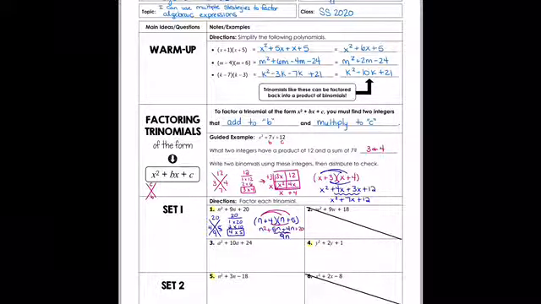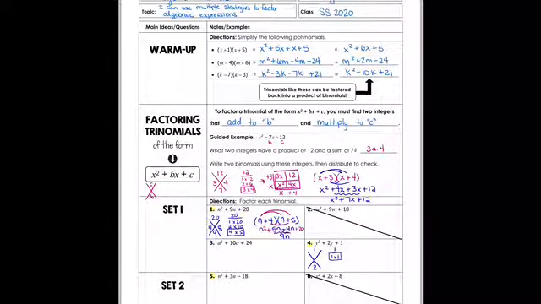All right, let's take a look at example number 4. Okay, go ahead and build your diamond problem. The last number goes on top, the middle number goes on bottom. This one's kind of tricky because the only way to multiply by 1 is 1 times 1.